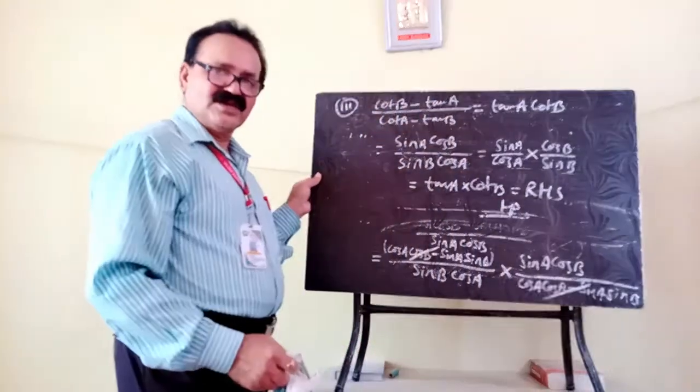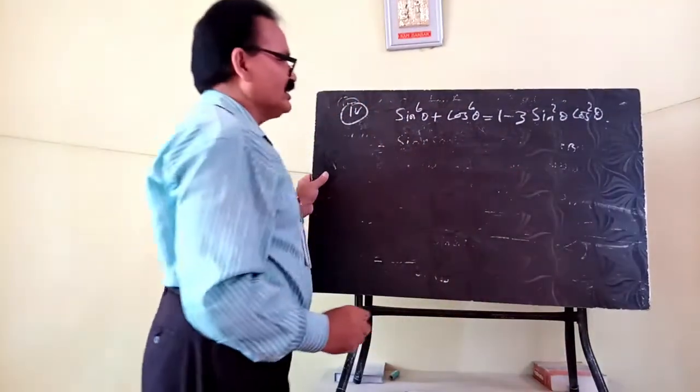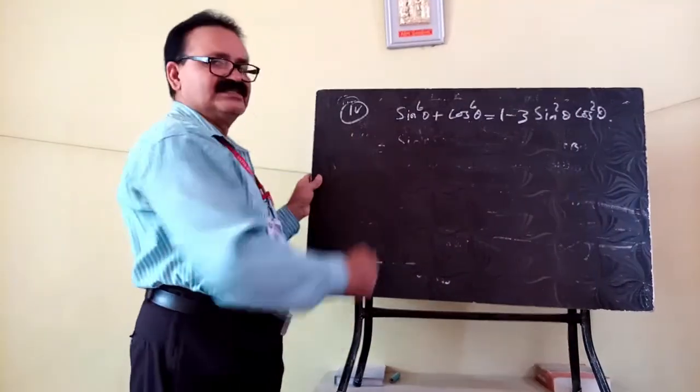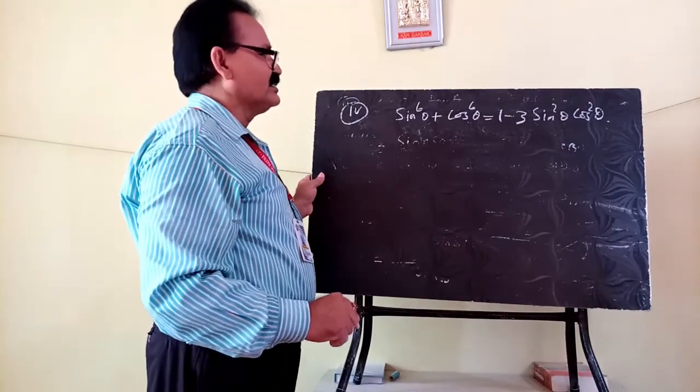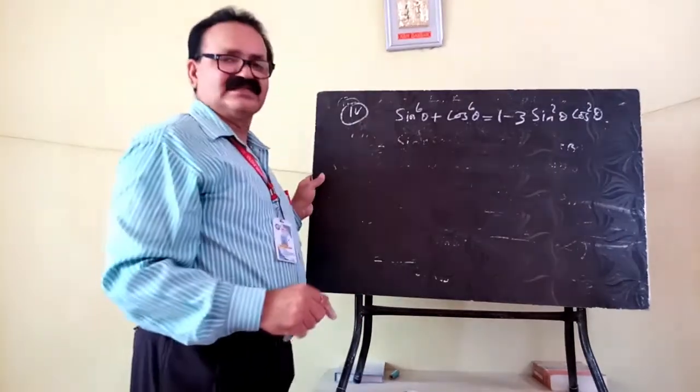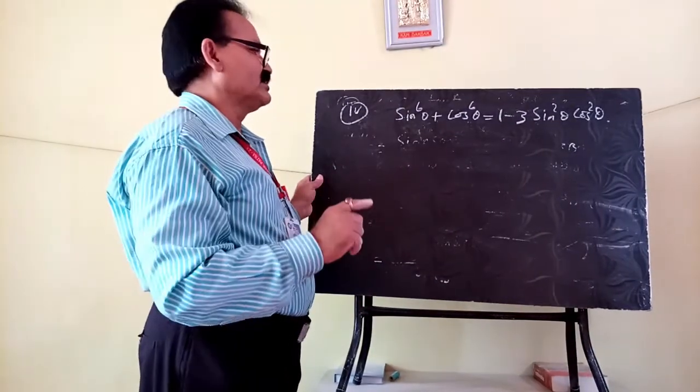Okay, you have got it. For the next question I have to remove this. So the next question is question number 4. Here sin to the power 6 theta plus cos to the power 6 theta equals 1 minus 3 sin square theta into cos square theta.